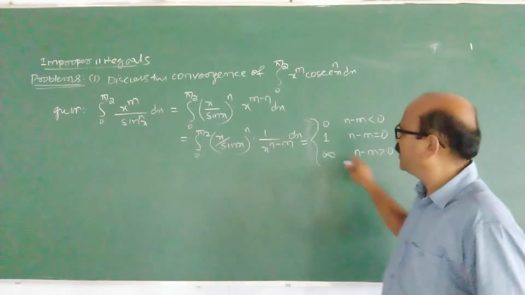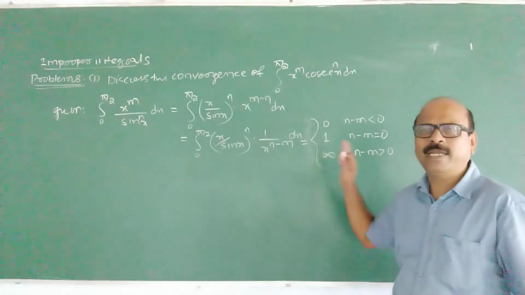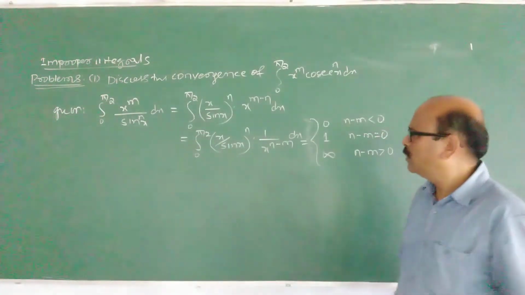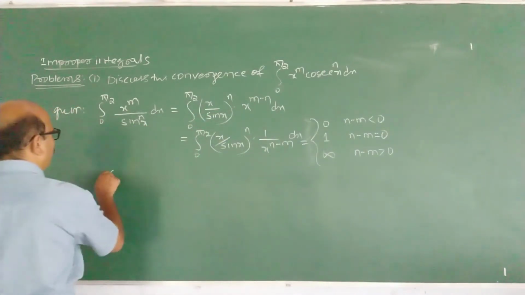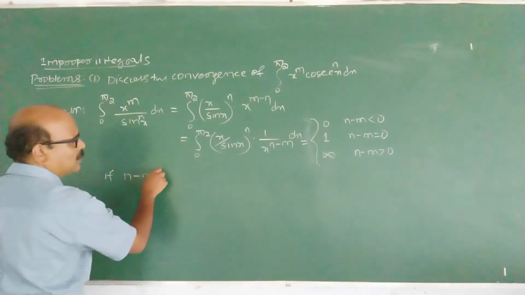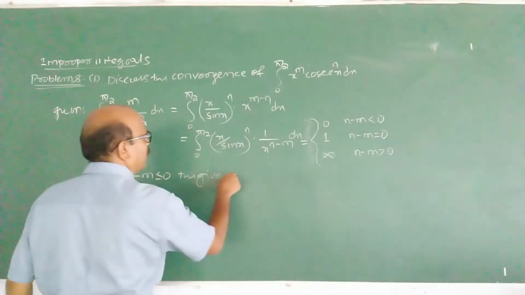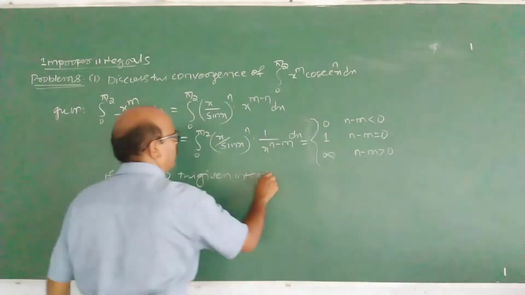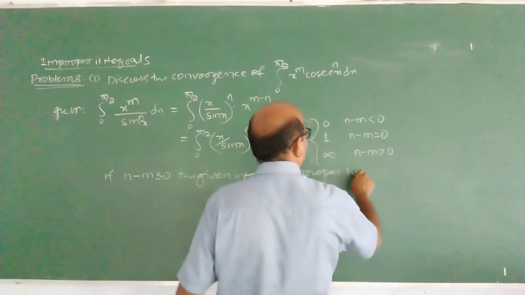When n minus m is greater than 0, 0 becomes the point of infinite discontinuity. So we have to discuss this case. If n minus m is less than or equal to 0, the given integral is proper, hence exists.